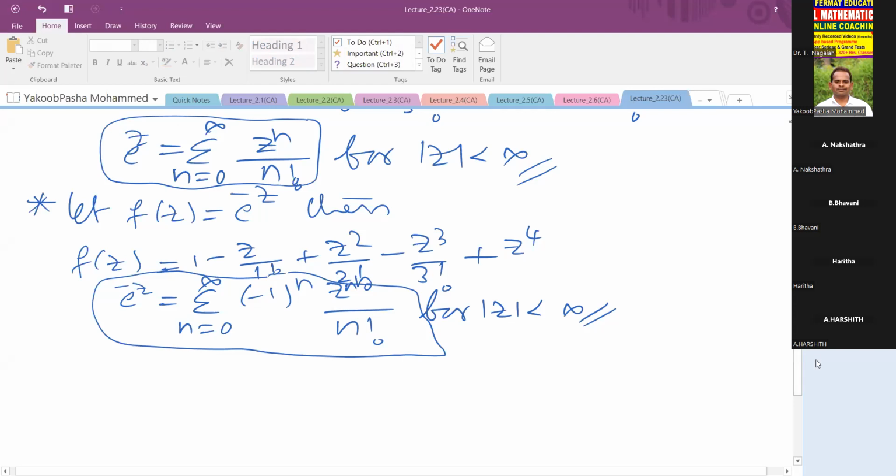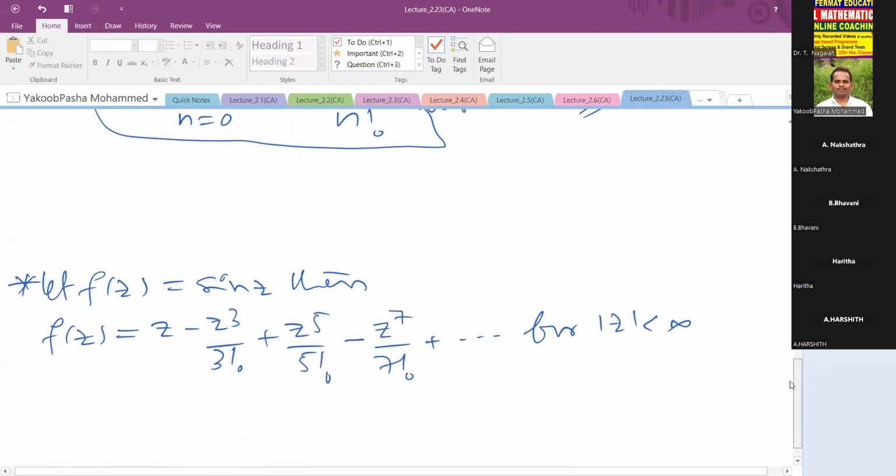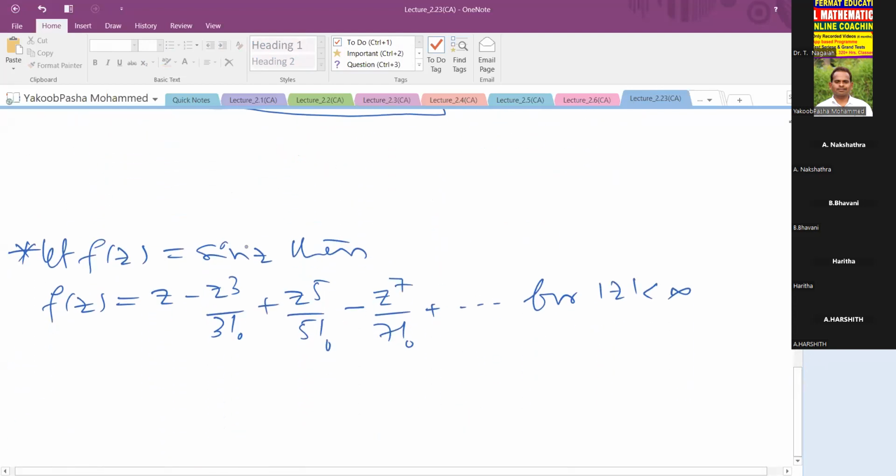So similarly, we can expand sin z. If we take f of z equal to sin z, then f of z equals this form. So we can write sin z in summation notation: summation n is equal to 0 to infinity minus 1 to the power of n.